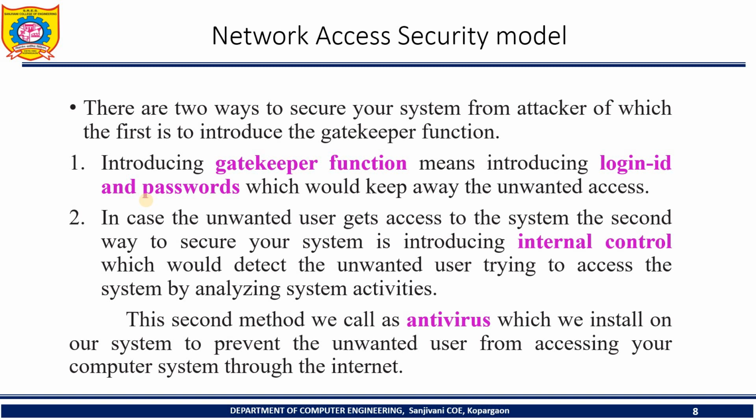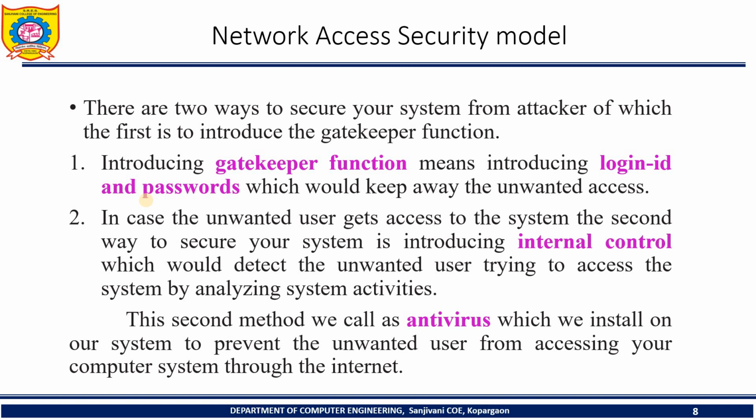The second way is this: even after the gatekeeper function, if some unwanted person gets access to the system, then the second way is to introduce some internal security control.